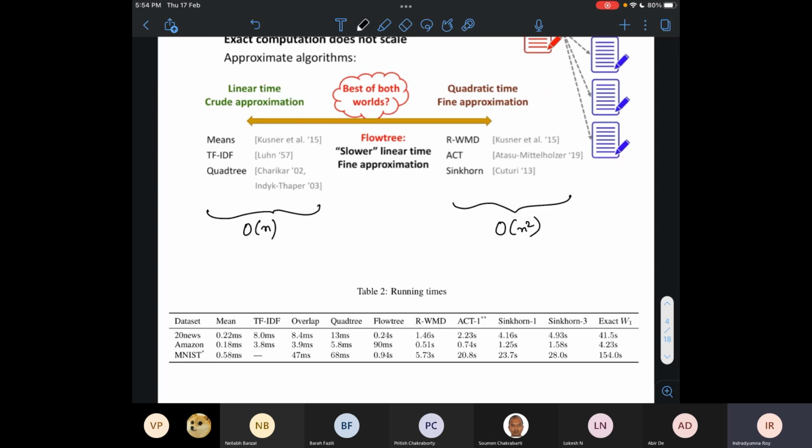As you can see towards the right of this array, we have the order n squared algorithms, which are much more accurate than the linear time approximations. But, of course, there's that trade-off. In the rightmost part of the table, you will find the exact solution time complexity.